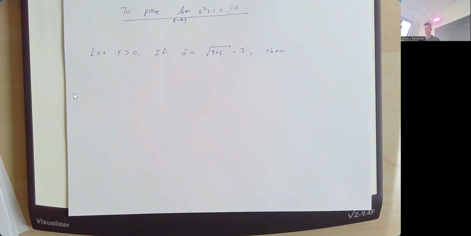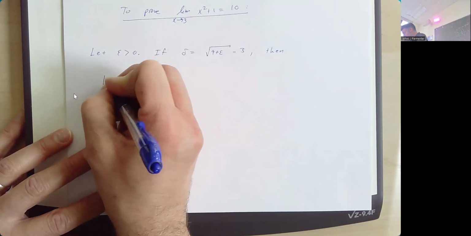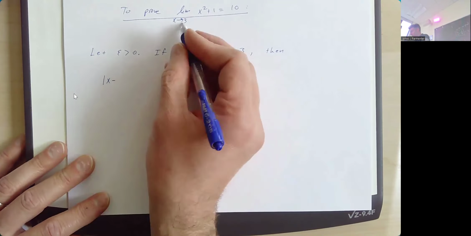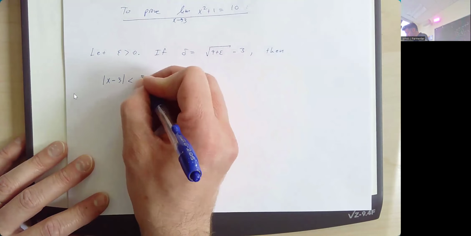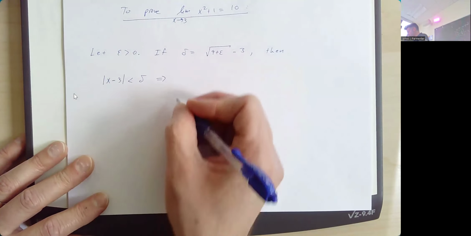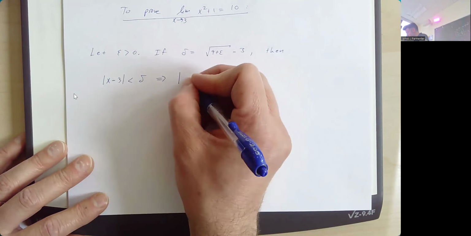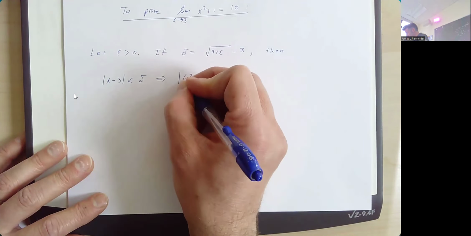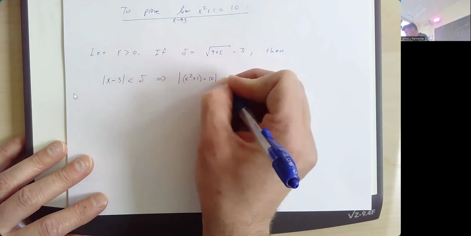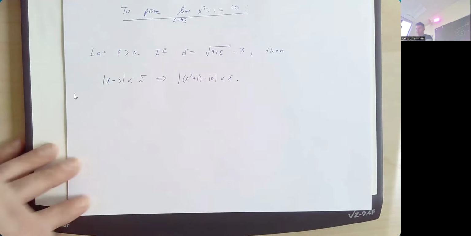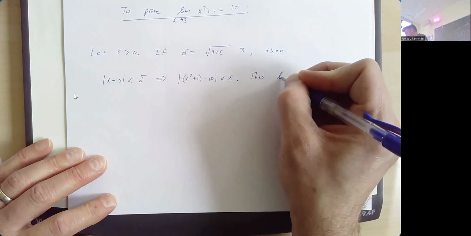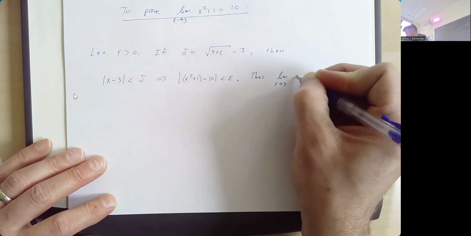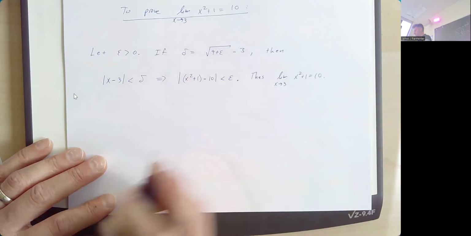We just state the result. Then the absolute value of x minus the thing that x is approaching, which is 3, being less than the delta that we have there, is going to imply that the absolute value of our function, x squared plus 1, minus the limit, is less than epsilon. Thus, the limit as x approaches 3 of x squared plus 1 is equal to 10.